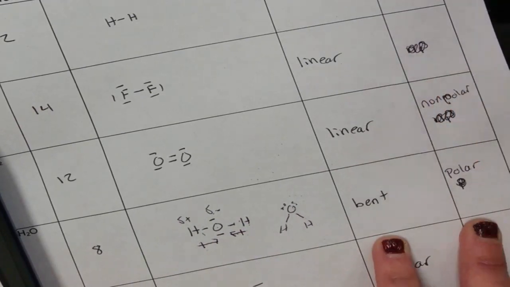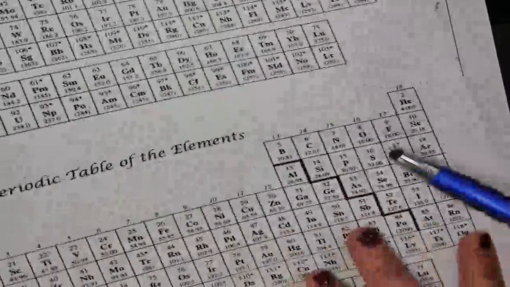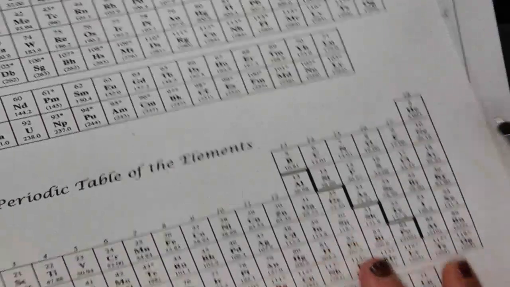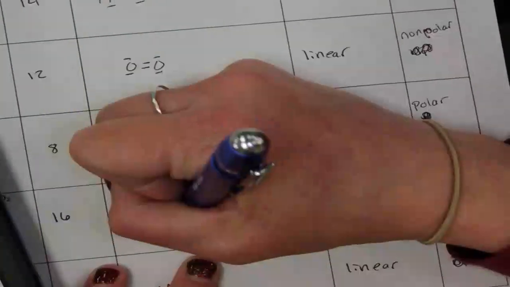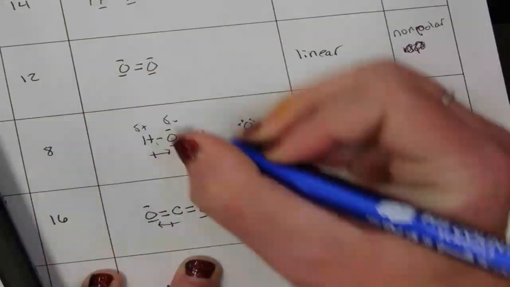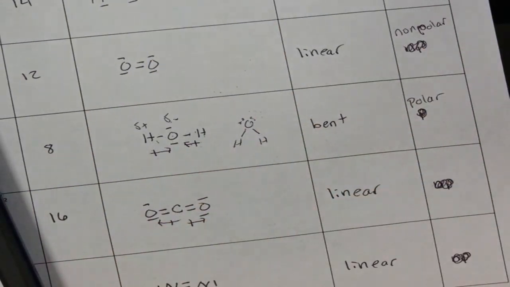When I look at carbon dioxide, oxygen is directly beside fluorine. So oxygen is more electronegative than carbon. So my dipole is going to go toward the oxygen and toward the oxygen on this side as well.